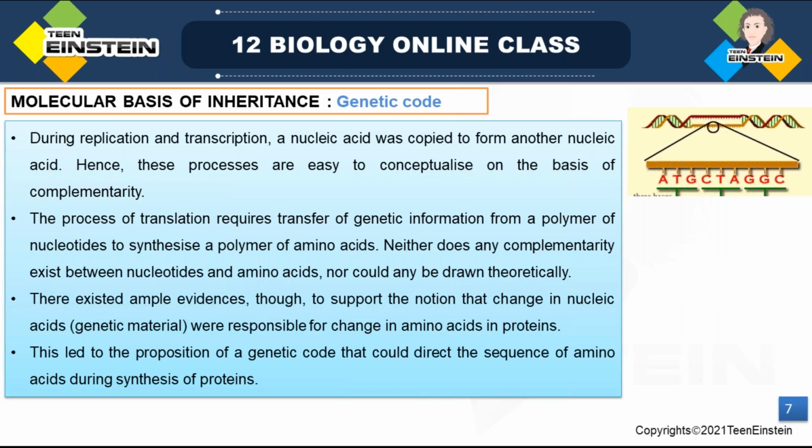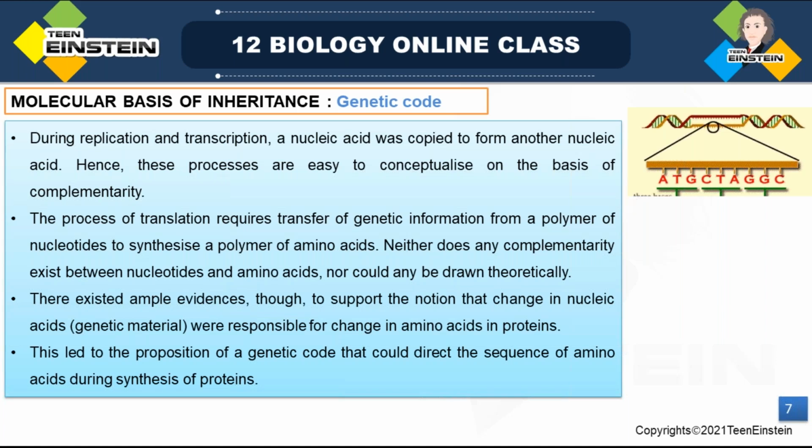Monomer means a single unit, and polymer means multiple units. So the genetic information is getting transferred from the polymer of nucleotides, meaning more than one unit, and that's how it forms a polymer of amino acids.